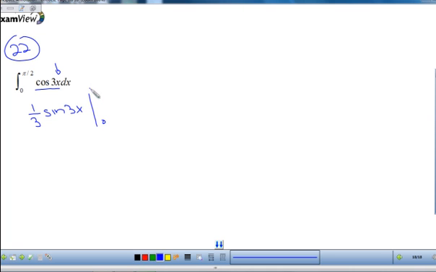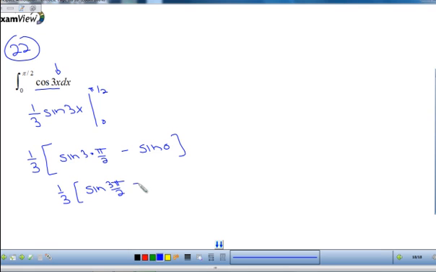And I'm going from 0 to pi over 2. So I'm going to have 1/3 sine of 3 times pi over 2 minus sine of 0.